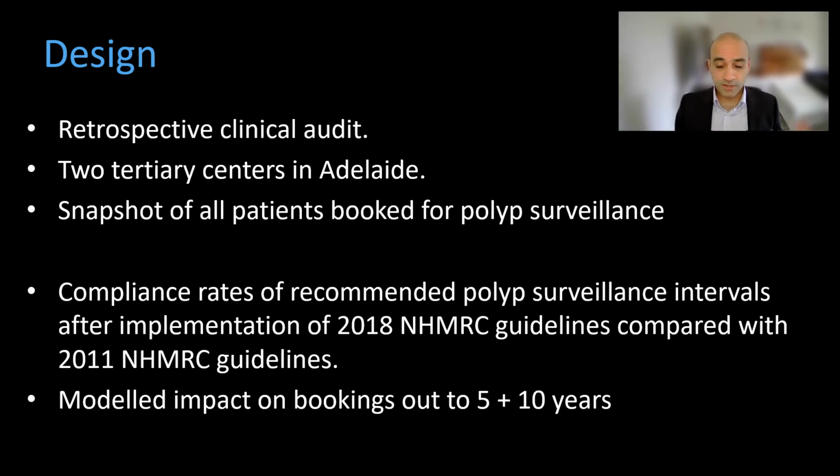We took a snapshot at one point in time of all the patients who were currently on the list for polyp surveillance, because those patients have had a determination by a clinician or a nurse as to what the interval should be based on either the 2011 or the 2018 guidelines, and we used that data set to look at whether compliance dropped since 2018 and the new guidelines were adopted, but also to model the impact of the new guidelines out to 10 years, as far as whether this will end up in us doing more or less colonoscopies overall, which I think is something that's been missing from previous analyses.